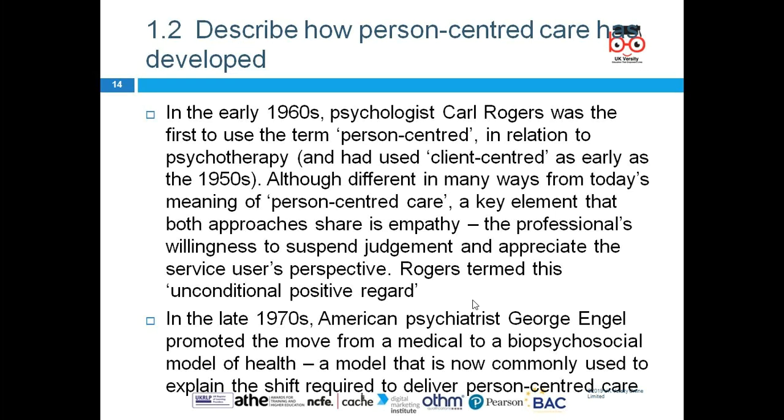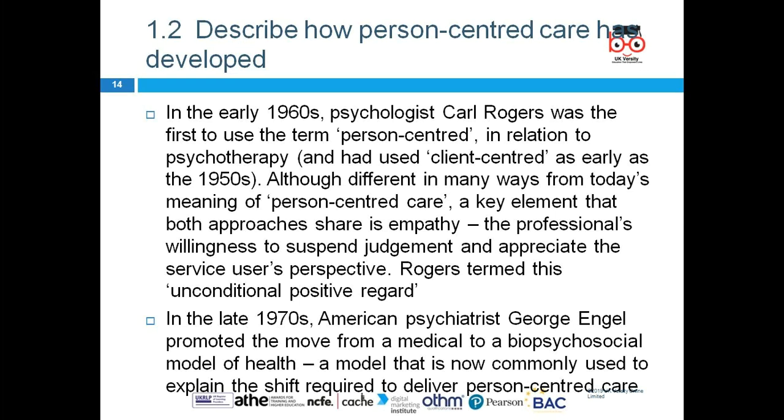It's what you'll need. In the early 1960s, a psychologist called Carl Rogers was the first person to term something called person-centered. This was in relation to psychotherapy, and he had used something called client-centered terminology from the 1950s, but in the 1960s it was changed to person-centered.